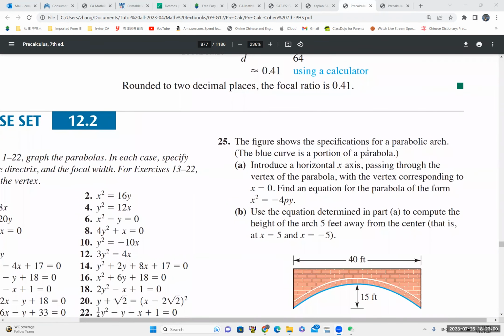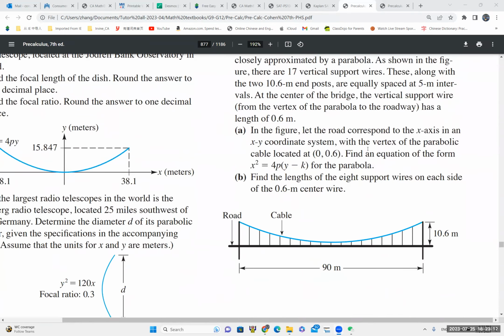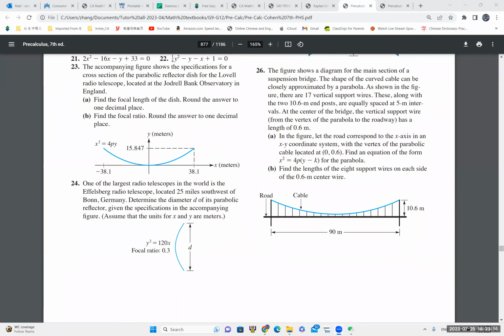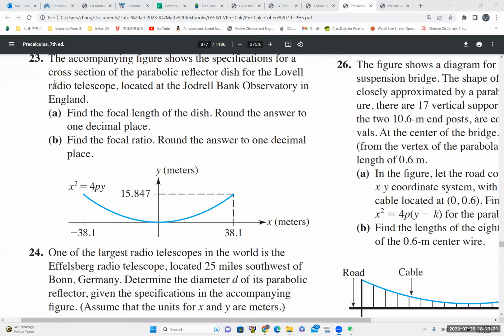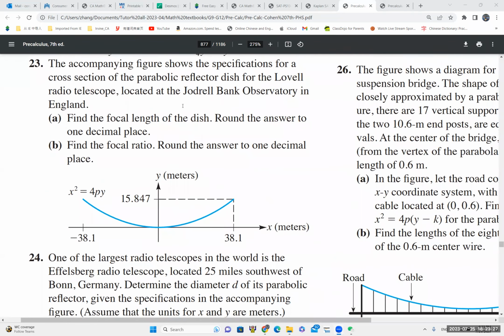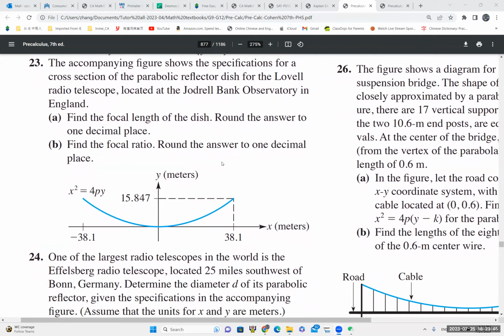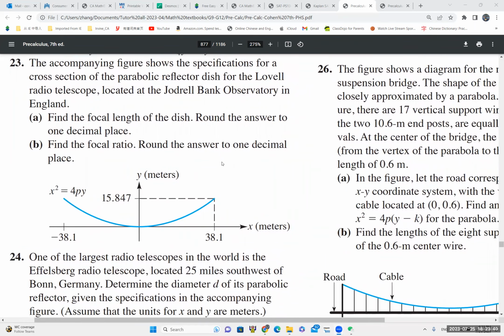Blue curve is a portion. What does this mean? Okay, let's do 23, so that it's good to see the drawing, right? Yeah, let's do 23. Meter.